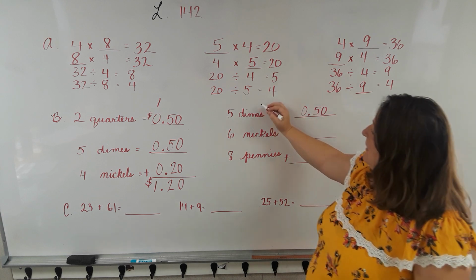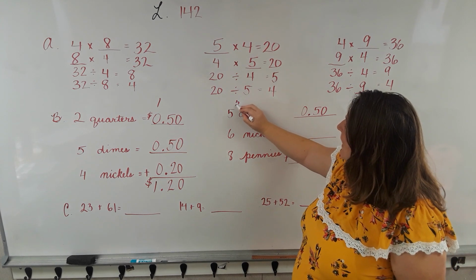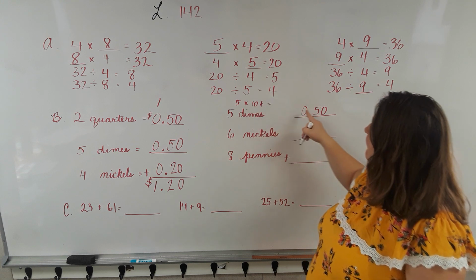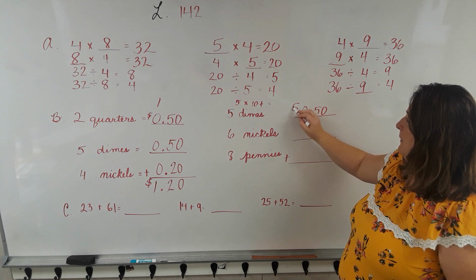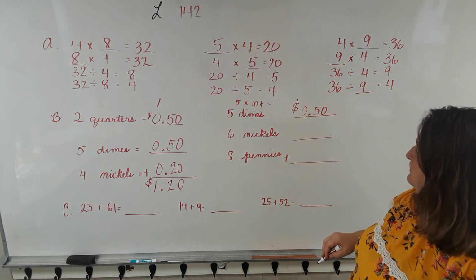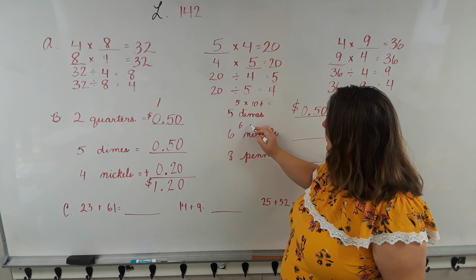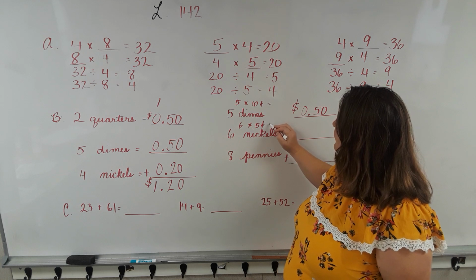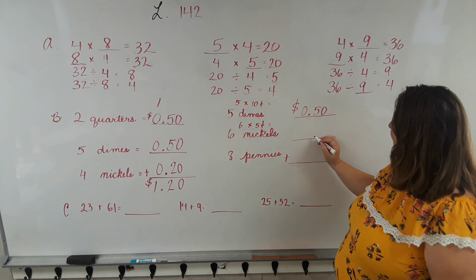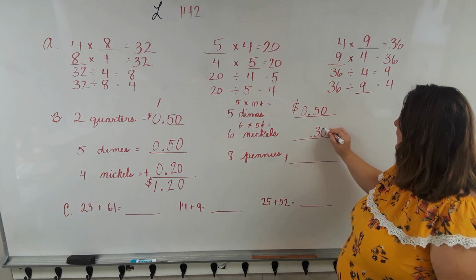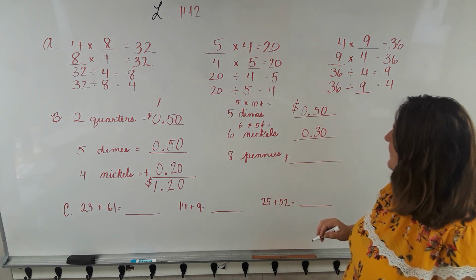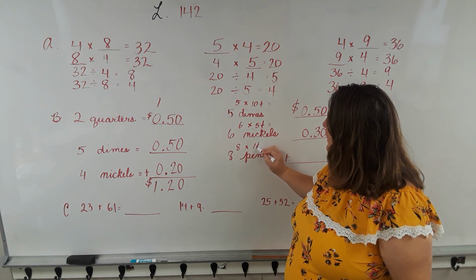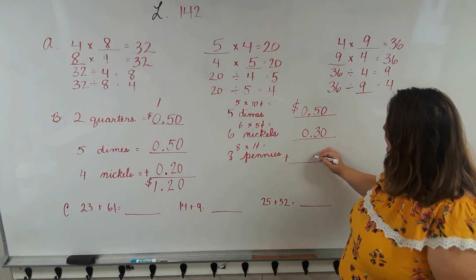You know, 10 cents, that's 5 dimes times 10 cents equals 50 cents. 6 nickels times 5 cents, because each nickel is 5 cents, equals 30 cents. 8 pennies times 1 cent, because a penny is 1 cent, equals 8 cents.